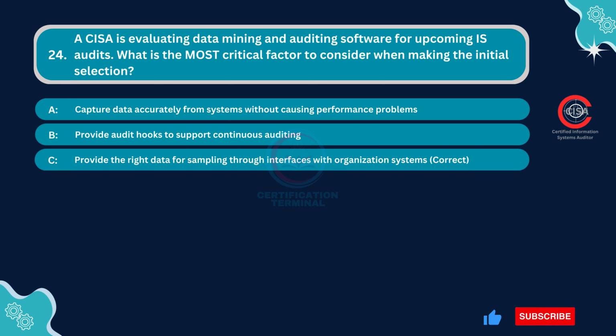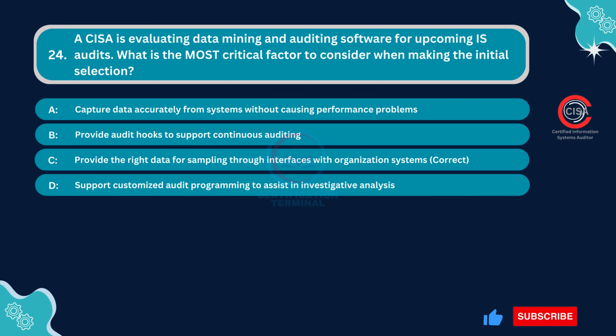Option C, provide the right data for sampling through interfaces with organization systems. Option D, support customized audit programming to assist in investigative analysis. The correct answer is Option C, provide the right data for sampling through interfaces with organization systems.